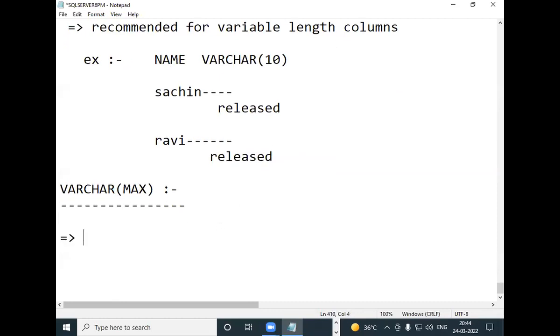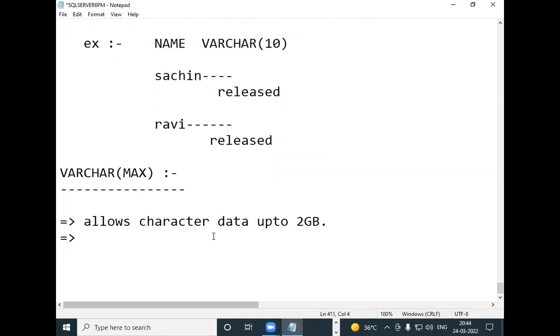Varchar max allows character data up to 2 GB. That means we can store a huge amount of text in the database.